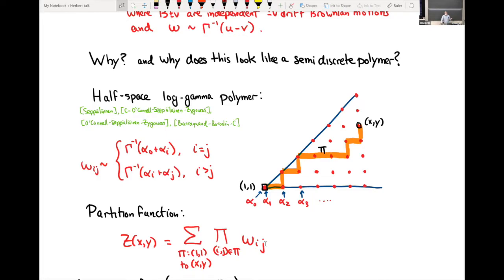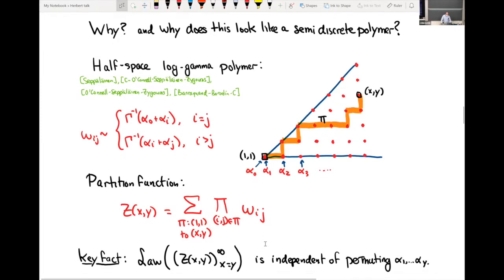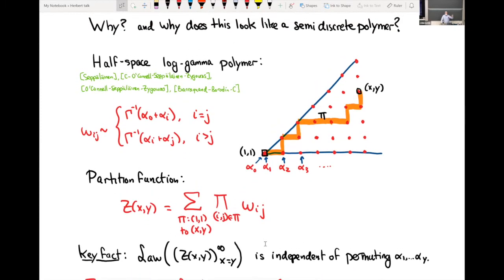And moreover, if I take the difference of the logarithms, or the log of the ratio of partition functions, that should function like the stochastic Burgers equation. In other words, that should be like occupation variables for a particle system. So that's the thing that I will search for an invariant measure for, really the log of the ratio of partition functions.